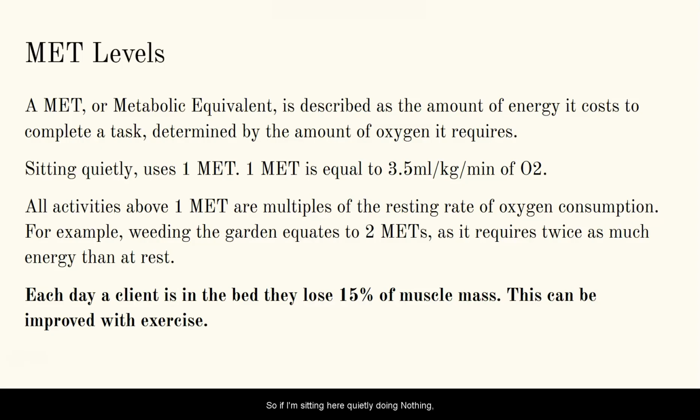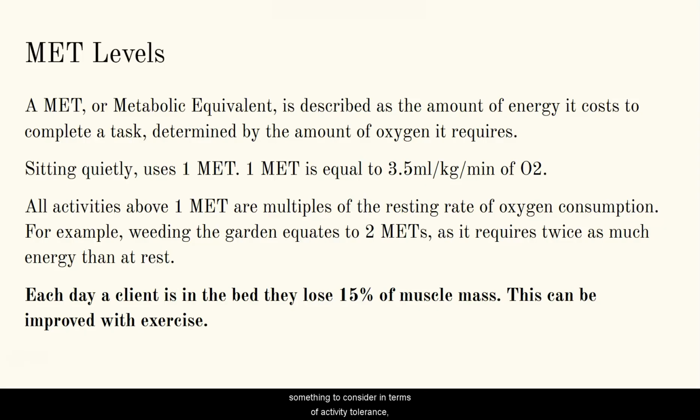So if I'm sitting here quietly doing nothing, I'm using 1 MET level. 1 MET is equal to 3.5 milliliters of oxygen. All activities above 1 MET are multiples of the resting rate of oxygen consumption. So for example, weeding the garden equates to 2 METs, as it requires twice as much energy than at rest. So MET levels, super, super important to know.